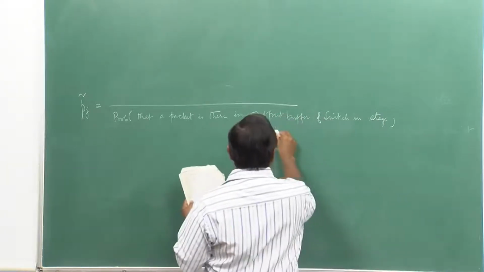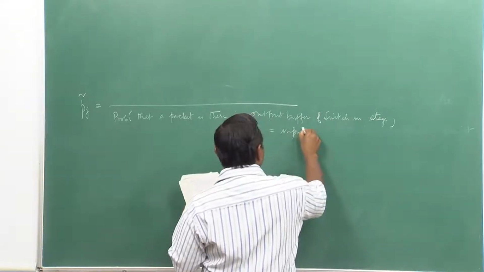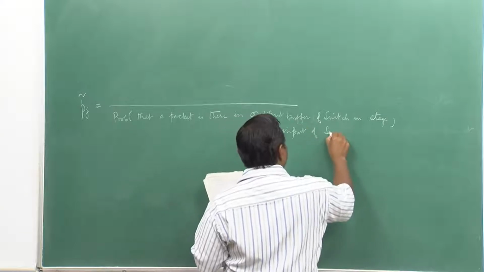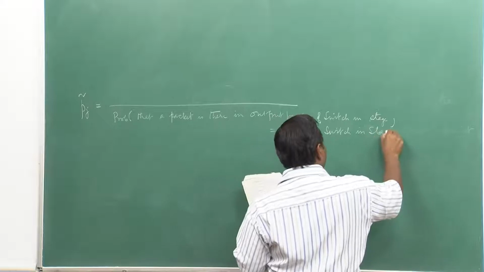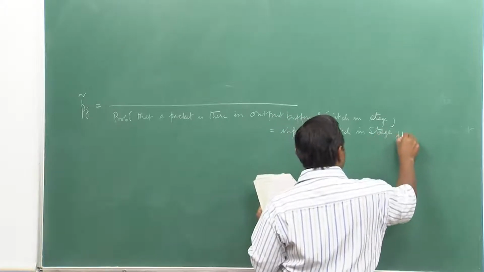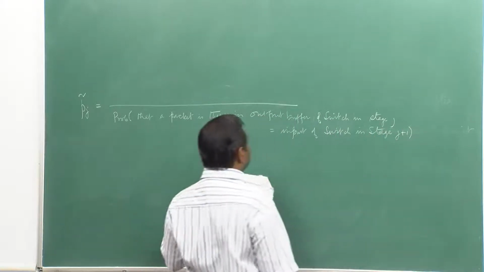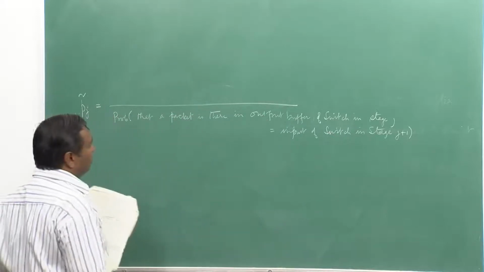This equivalently implies a packet in the input buffer of the switch in stage j plus 1. Okay. So, these two are equivalent actually.